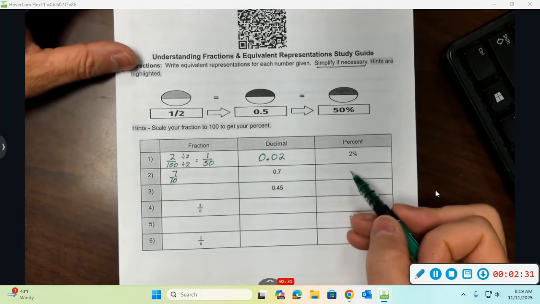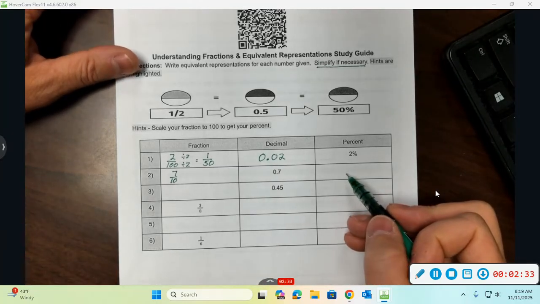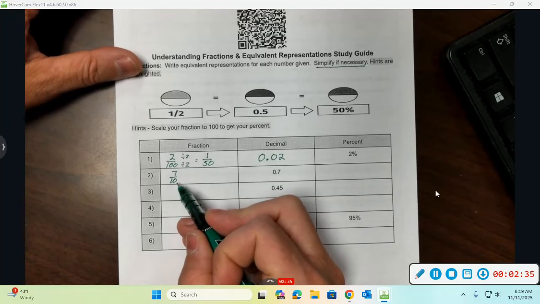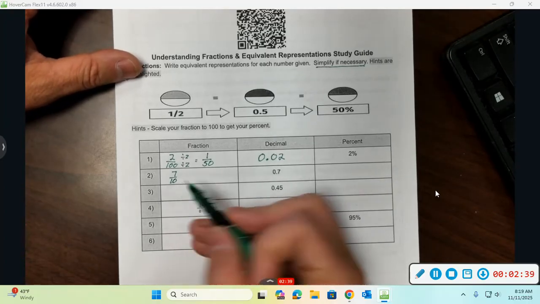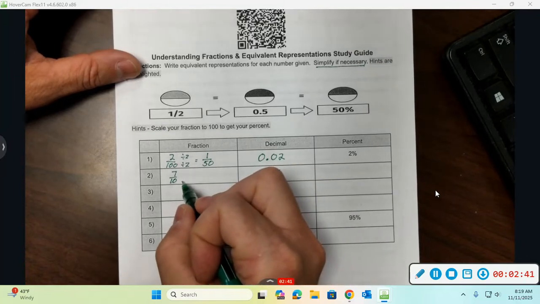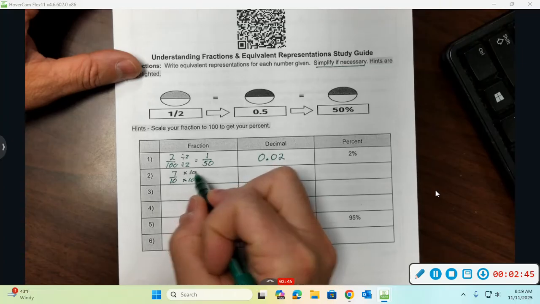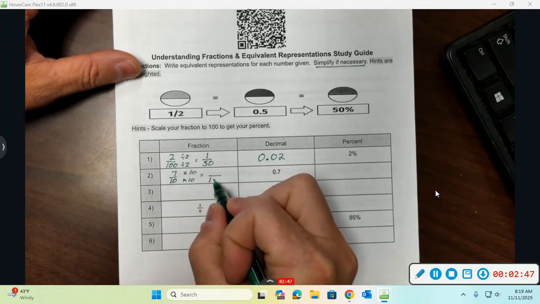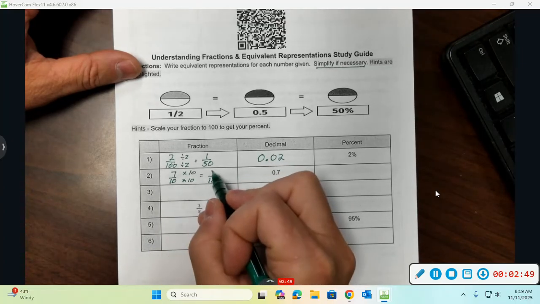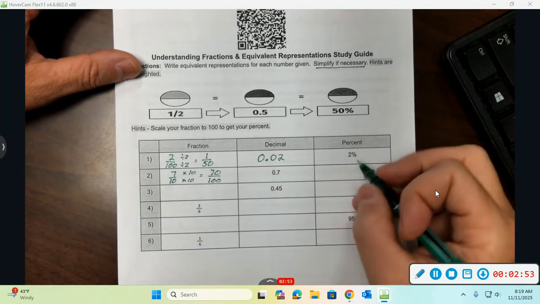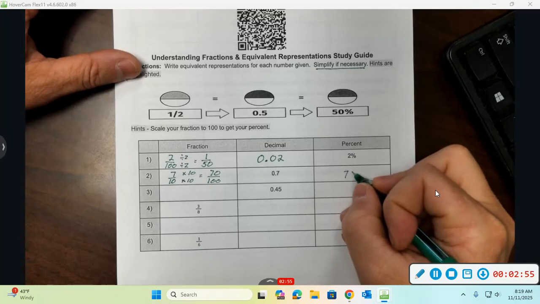Now, percent means what? Per 100. Is this over 100? No. Can I make it over 100? Yeah, I could scale it up by multiplying by what? 10. Making the bottom 100, and what would the top be? 70. So that would be 70%.